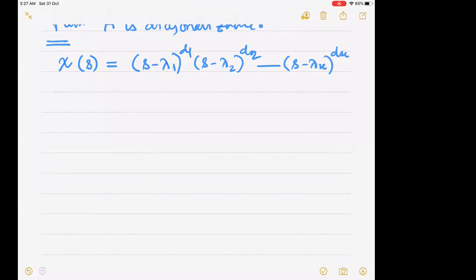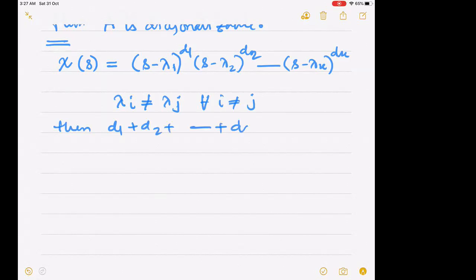This is the characteristic polynomial, and these lambdas are distinct, suppose. Then of course d1 plus d2 plus up to dk is equal to n.